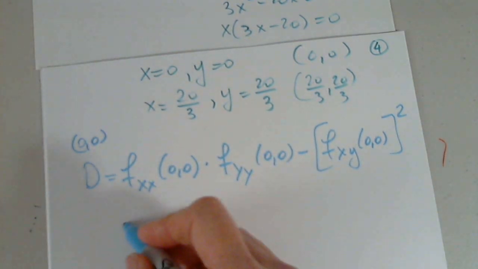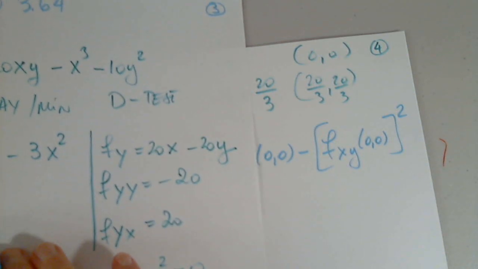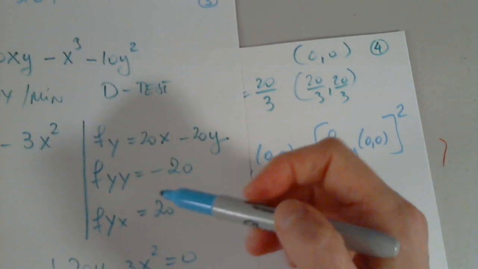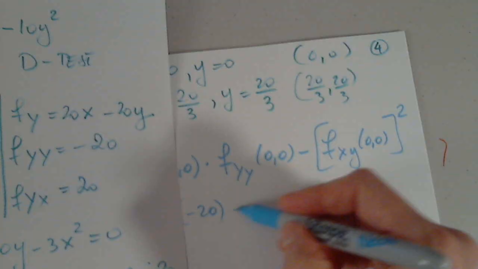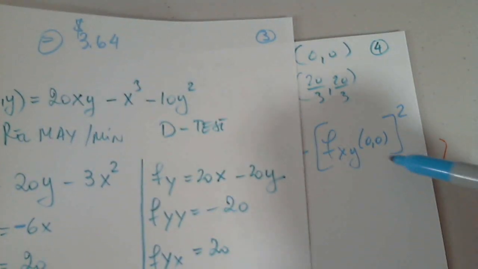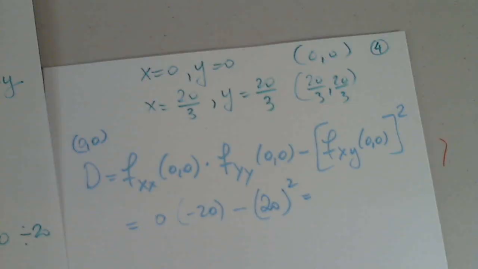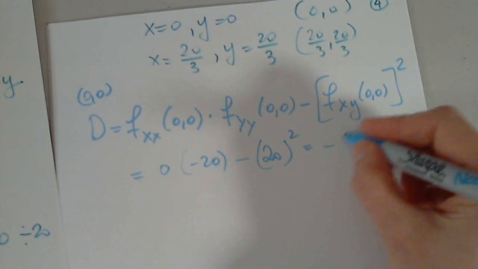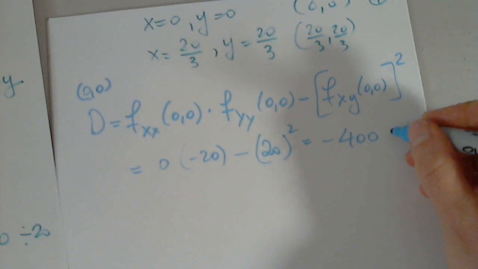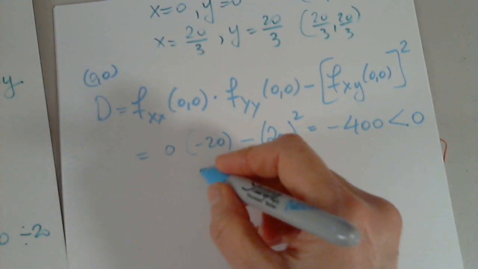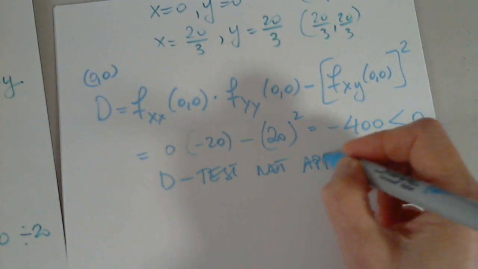And let's see what we get. fxx at (0, 0) is 0. fyy at (0, 0) is -20, minus fxy, which is 20, squared. So this is 0 and this is -400. So since D is less than 0, the D-test is not applicable.